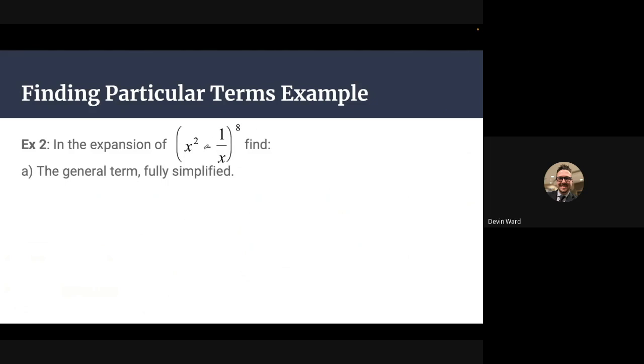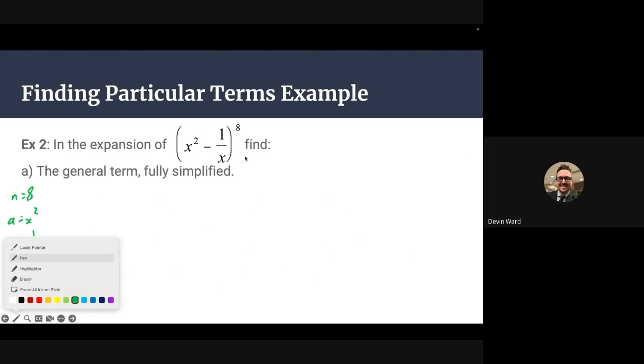Okay. So x squared minus 1 over x. So I have my n is equal to 8. A is equal to x squared. B is equal to negative 1 over x. We have x in both, so we're going to have to cancel some stuff out in our general term.